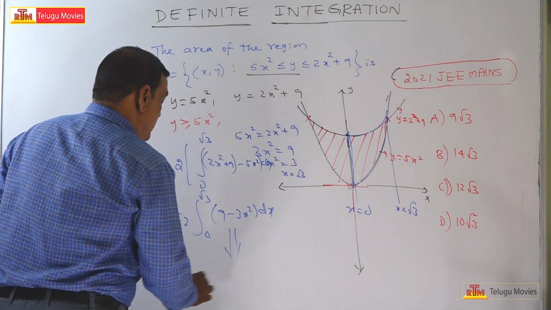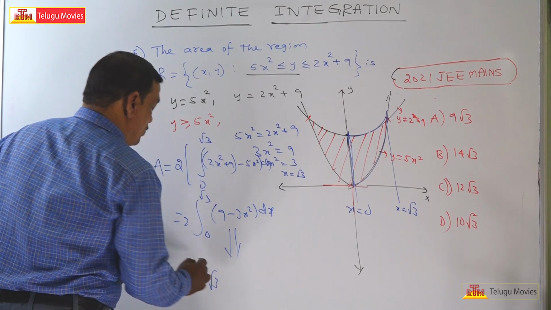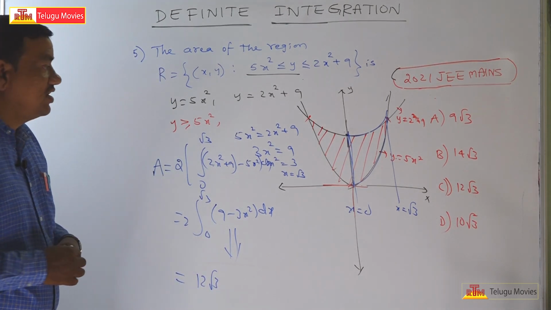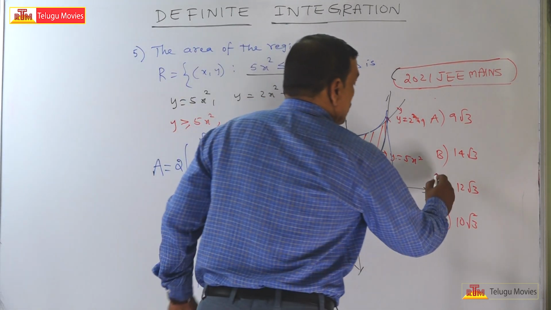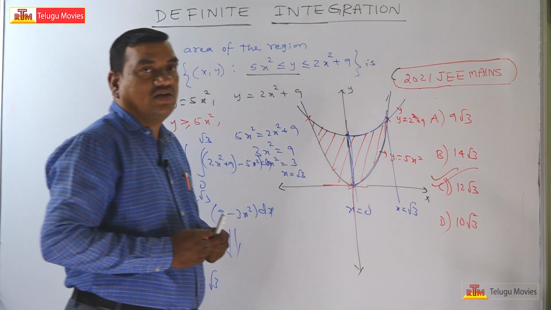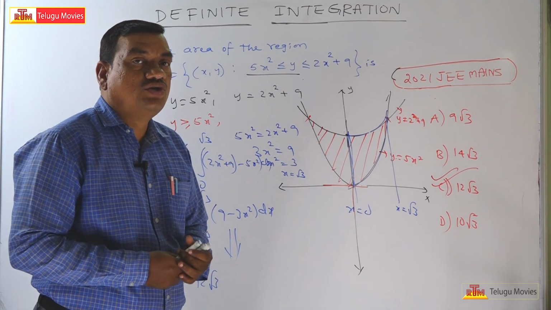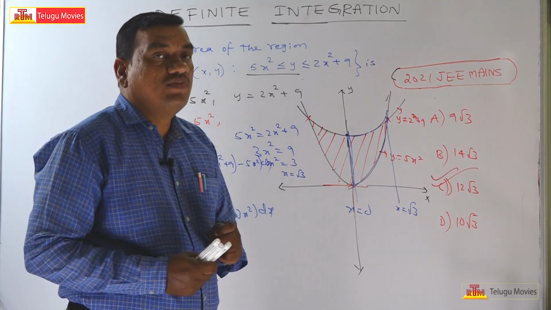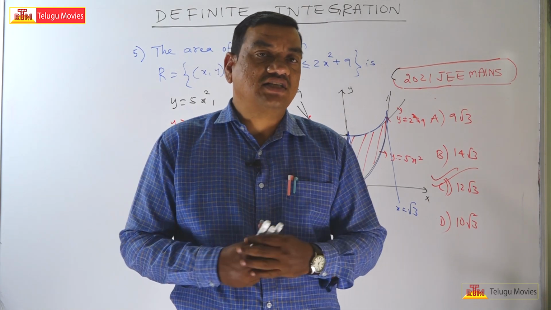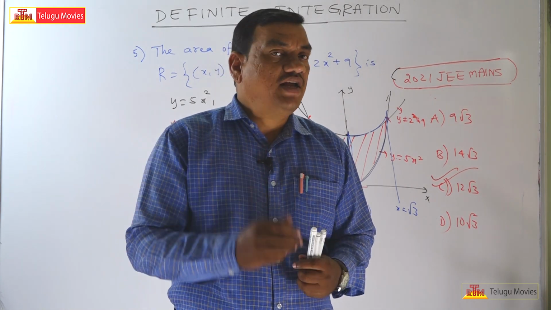Now you calculate this, and you will get 12 root 3. Understand this clearly? The answer is 12 root 3. Very, very nice problem. I hope that you understand this solution. With some more problems and some more concepts, in tomorrow's class I will stand before you. Until then, all the best.